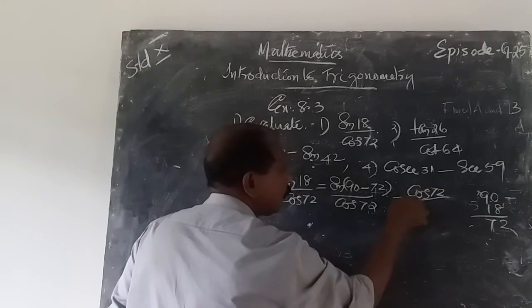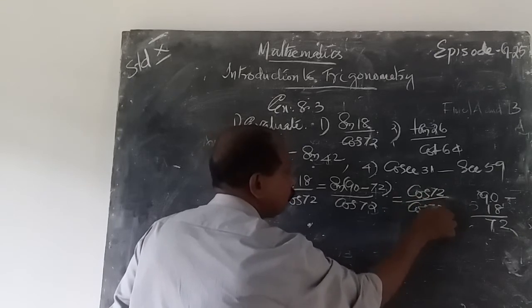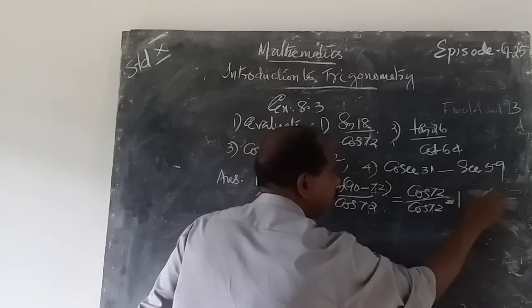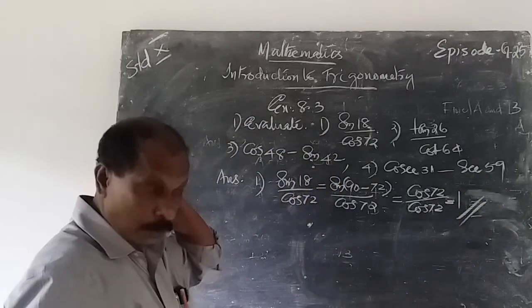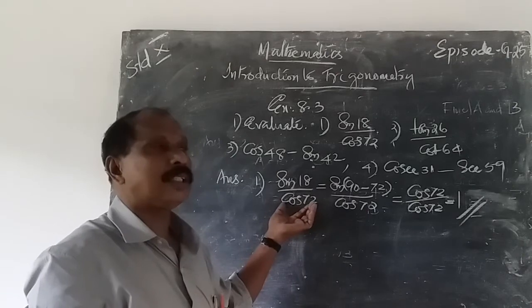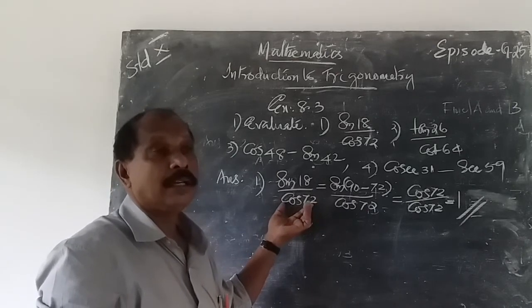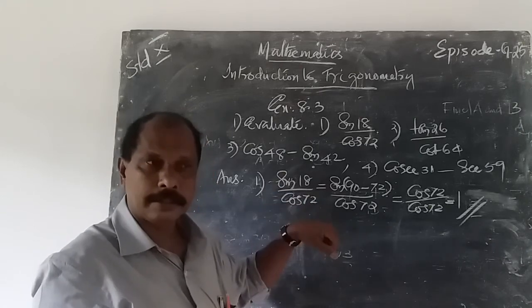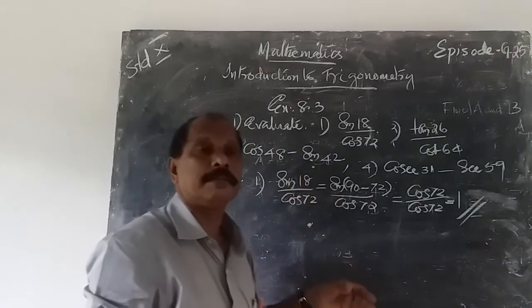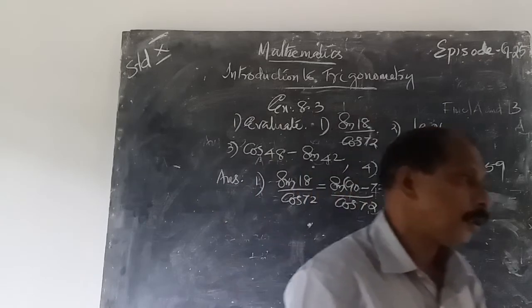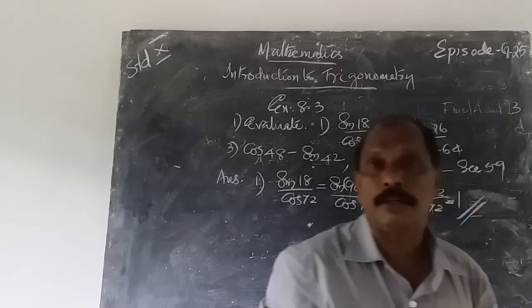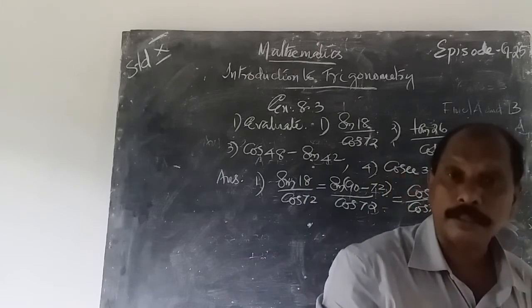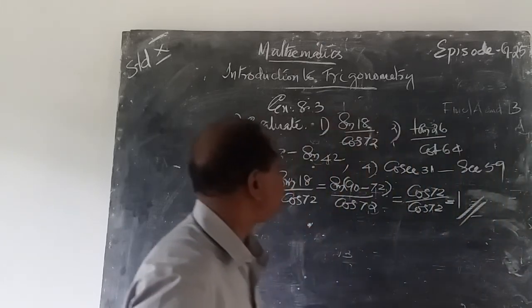Cos theta, by cos 72. Any number by that number is equal to 1. This is the answer. Or we can convert cos 72 into cos 90 minus 18, that is sin 18. Therefore, sin 18 by sin 18 gives 1. That means we can convert any one angle into 90 minus the other angle. That is the reduction formula.